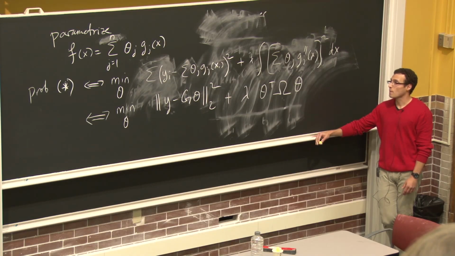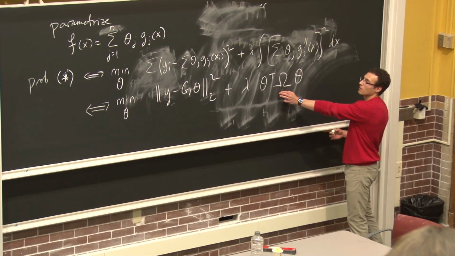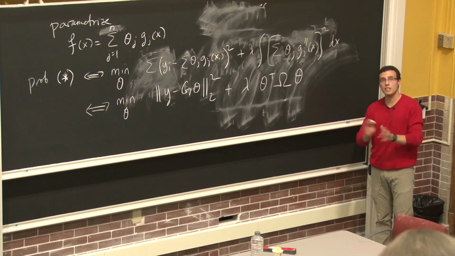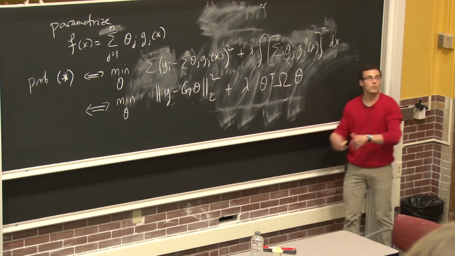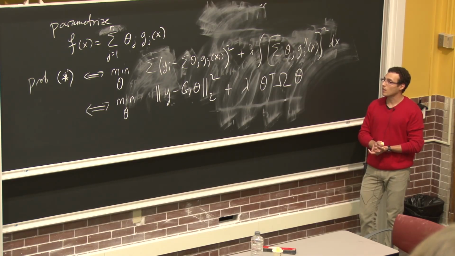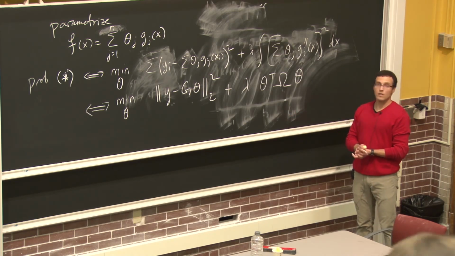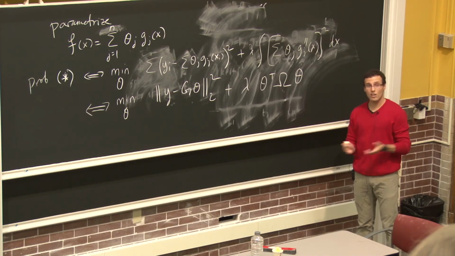Okay, so with some appropriate definition for omega, and again, these are all things you can do offline. You give me the x points, I'll populate G, I'll populate omega, according to my basis functions and some simple linear algebra calculations. And then I can solve this problem in the finite dimensional parameter theta. This is like a generalized ridge regression.